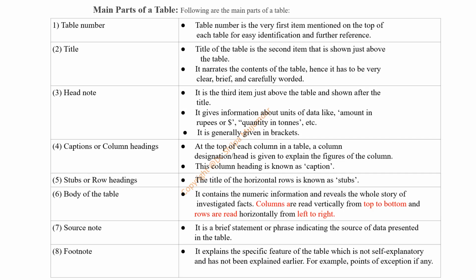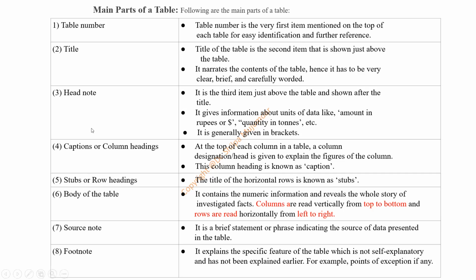Every column must have its own caption, because if only figures are given and there is no caption for each column, you will not understand anything, right? Those figures are indicating what, you don't know.